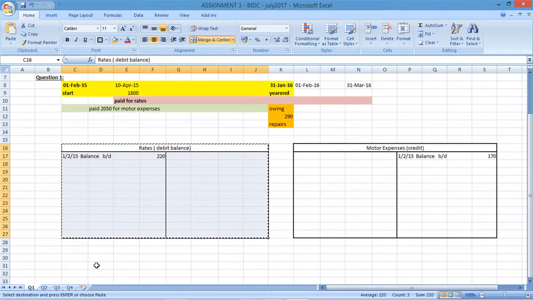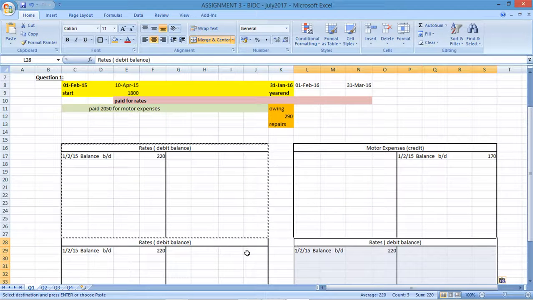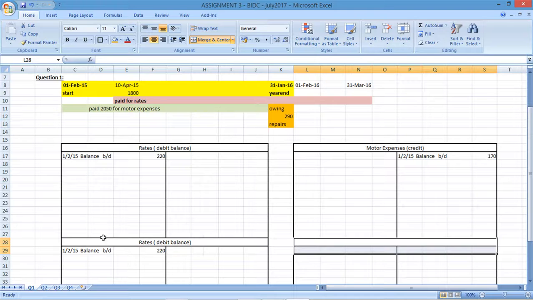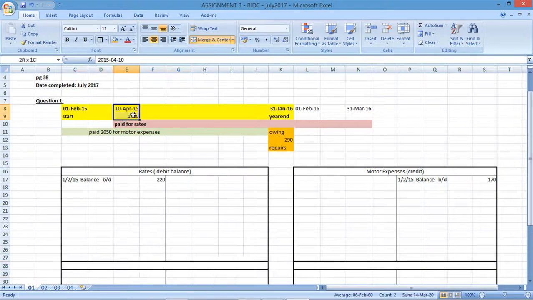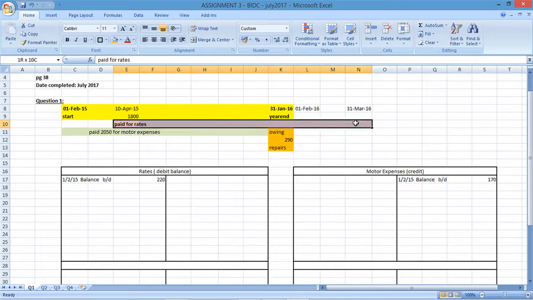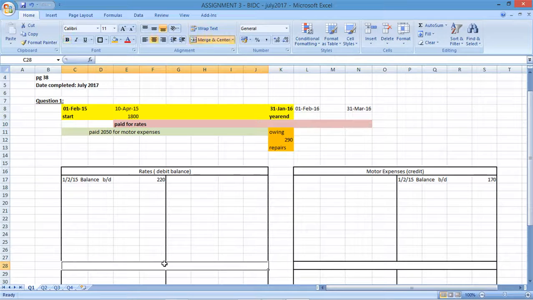I'm going to draw up another T account and another T account over here, and I'm going to be creating an adjustment account for them, because remember earlier we spoke about the rates paid here, and the rates that are paid here are for a 12-month period extending further after year end. So what is that viewed as? That's viewed as a prepayment.